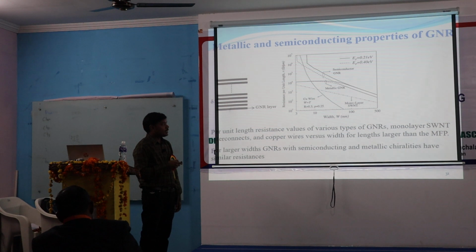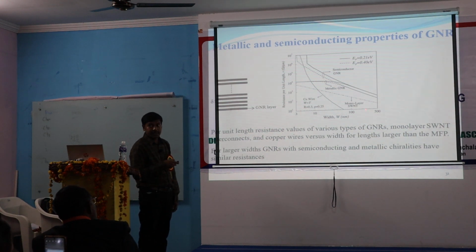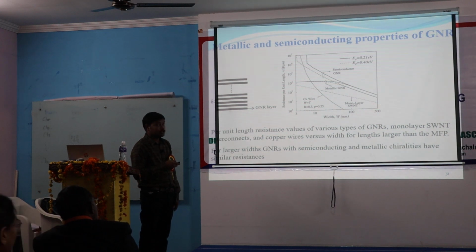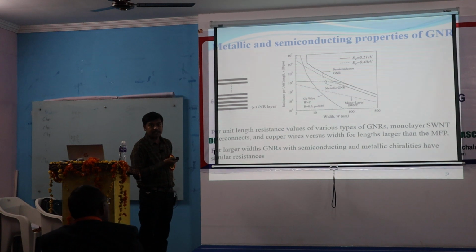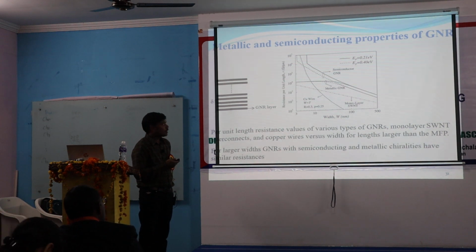And I varied the width here and measured the resistance. This is also very interesting. For larger width, the resistance of metal and the resistance of semiconductor are the same.